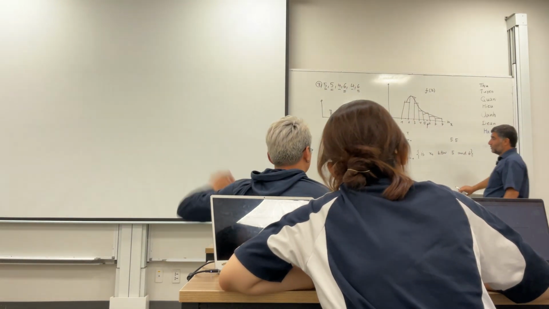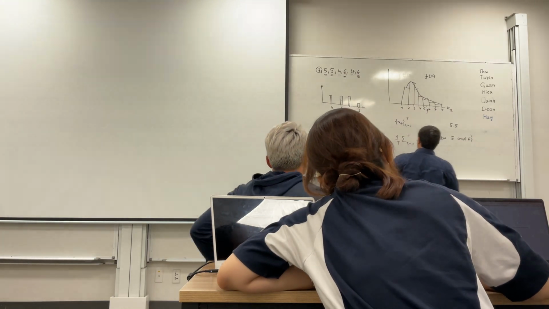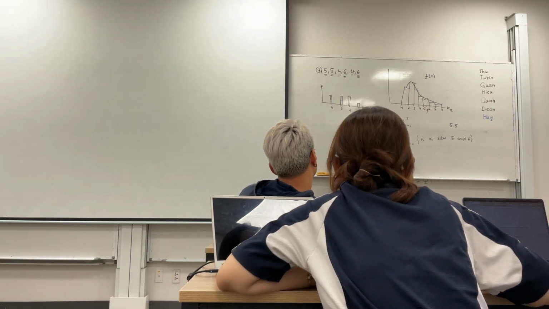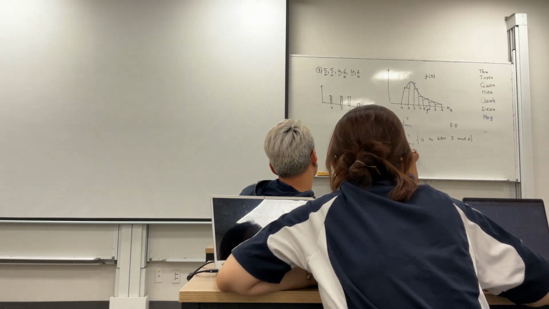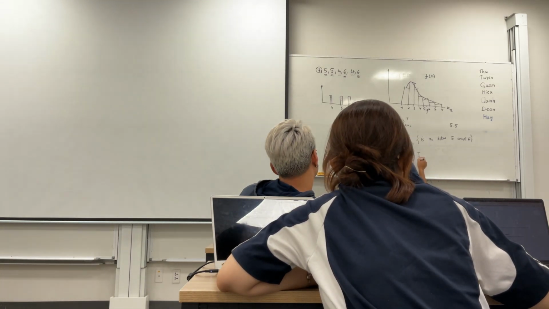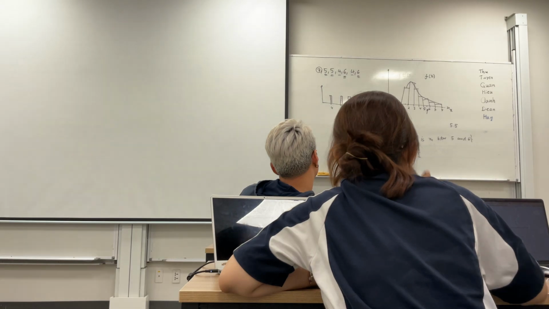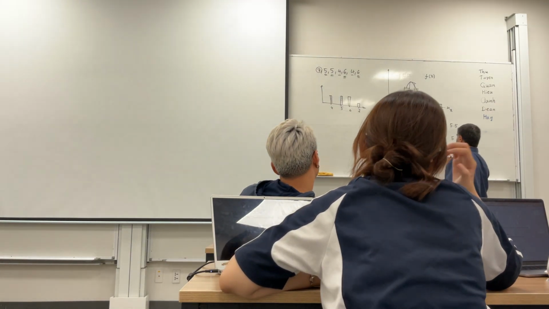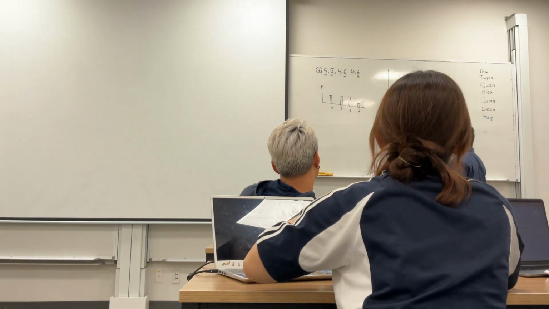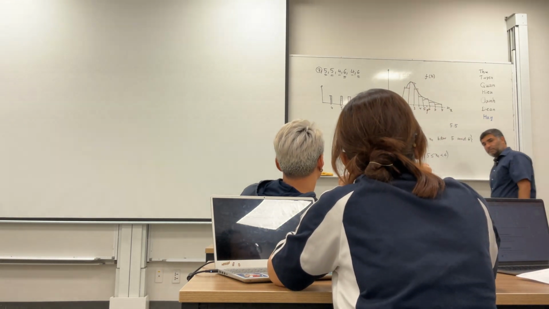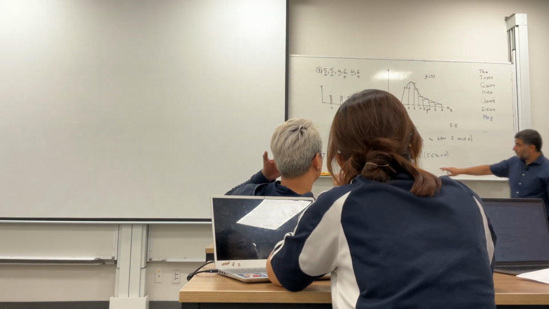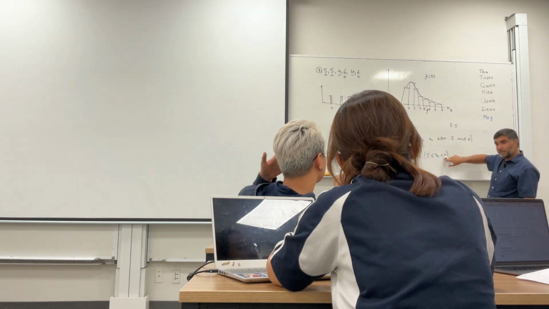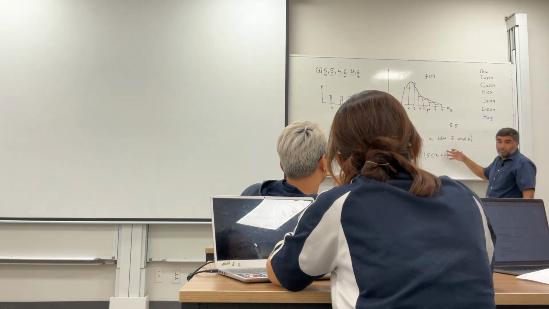Let's write it mathematically: 1 over T, summation, t from 1 to T, of an indicator function checking whether x_t is between 5 and 6. It is 1 if x_t is between 5 and 6, and 0 if not.